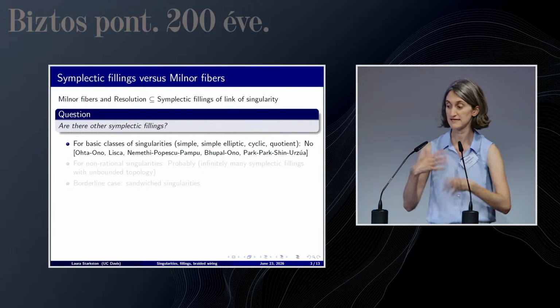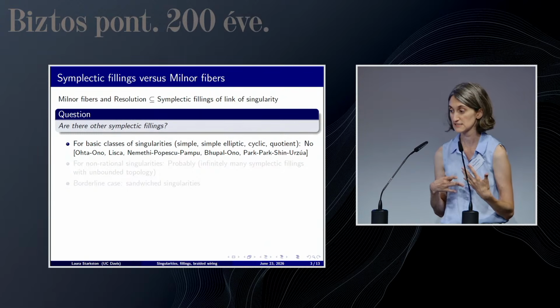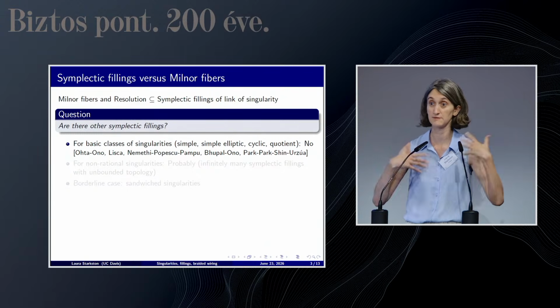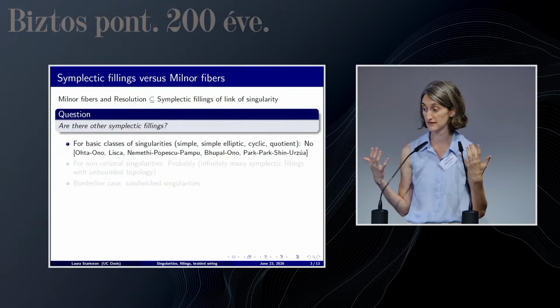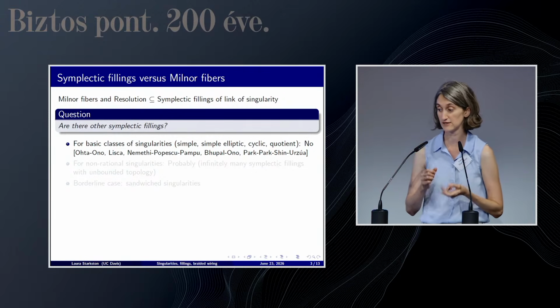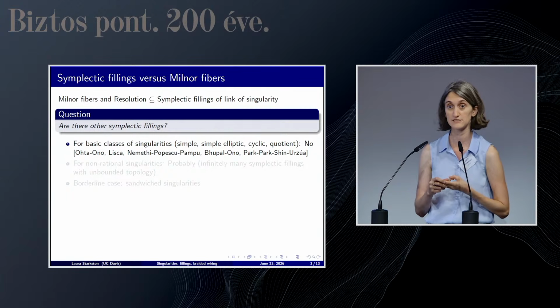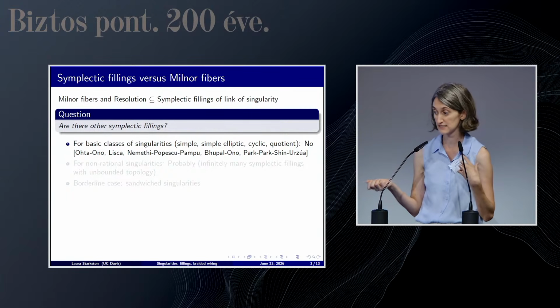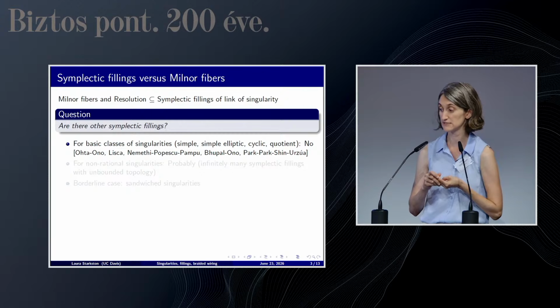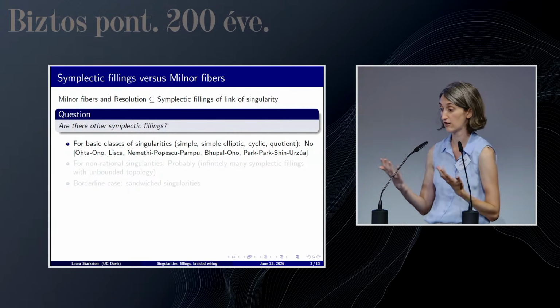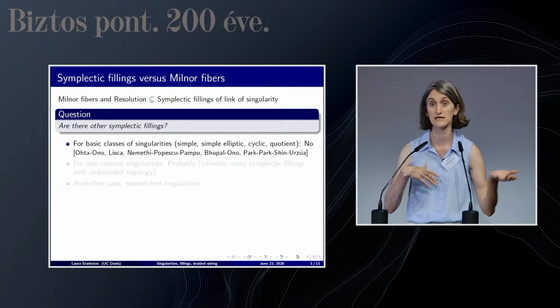For some basic classes of singularities, the answer is no. The Milnor fibers give you everything. If you look at simple singularities, simple elliptic, cyclic singularities, which are the ones whose boundary is a lens space, or quotient singularities, there are results that say the only symplectic fillings are the ones given to us by algebraic geometry.